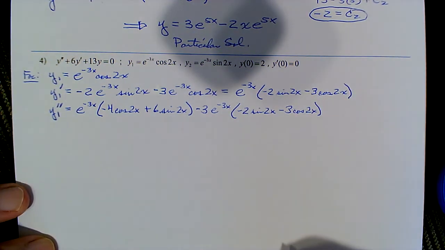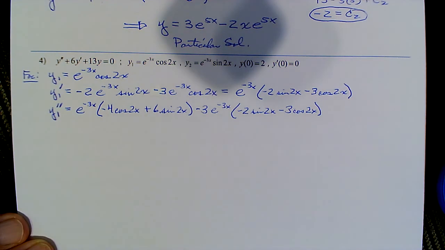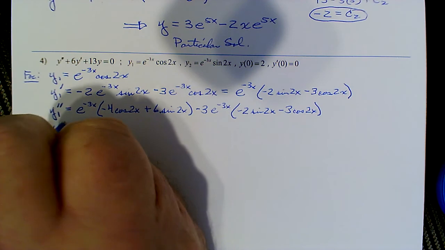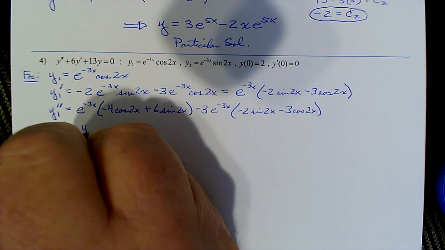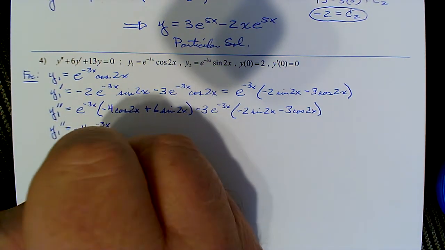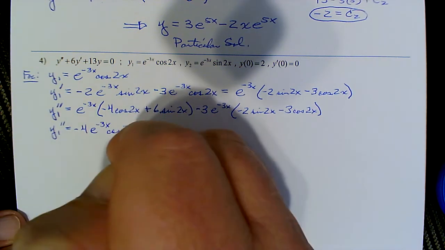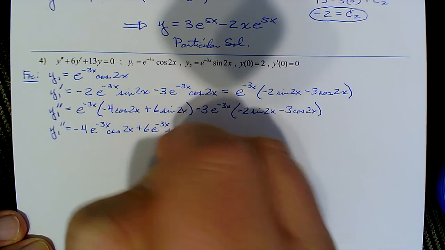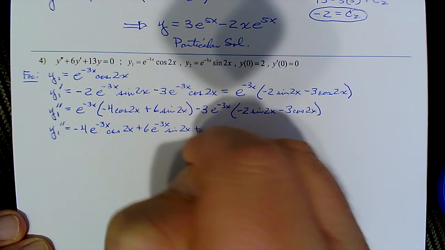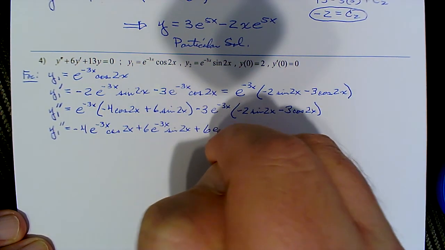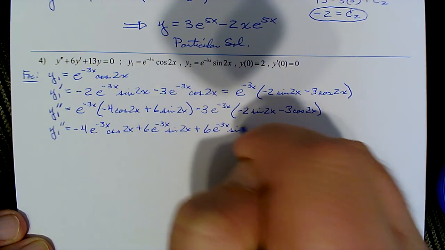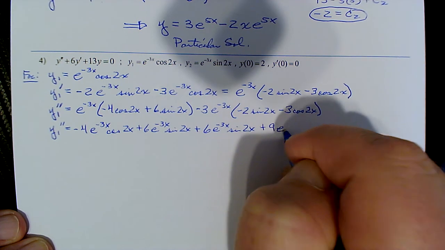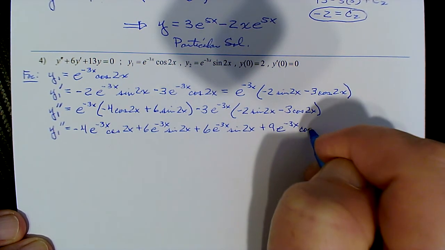And to make things simpler, let's distribute and maybe collect like terms here for y double prime. So we've got negative 4 e to the negative 3x cosine 2x plus 6 e to the negative 3x sine of 2x, plus 6 e to the negative 3x sine of 2x, and then it looks like plus 9 e to the negative 3x cosine 2x.